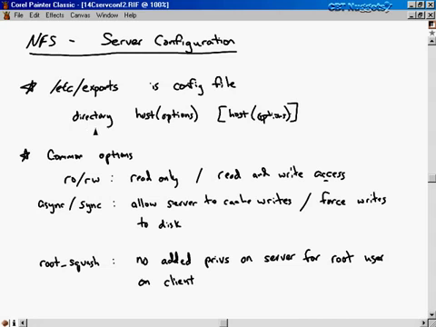This doesn't mean that any random user can write to some other user's home directory. Okay, just because I've given read-write access for the NFS share, or the exported directory, doesn't mean people get read-write access to everything. There's other Linux permissions that are still in place. User permissions and group permissions and things like that are already set up, and they will enforce everything that we've already talked about with regards to permissions.